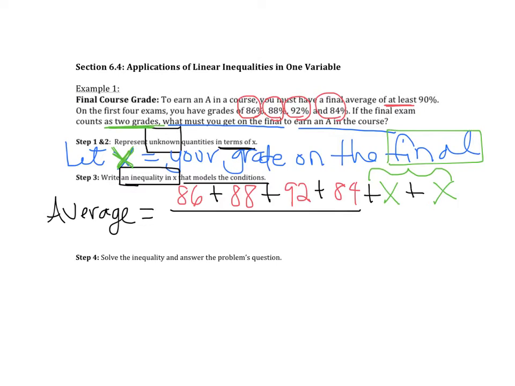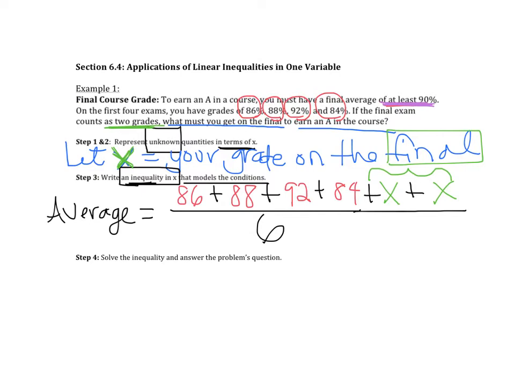Notice we have your 4 scores plus the 2, so you have 6 terms above. So you're going to divide by 6. Now, you want an inequality, and this is an algebraic expression. So your inequality, in dark purple: at least 90%.